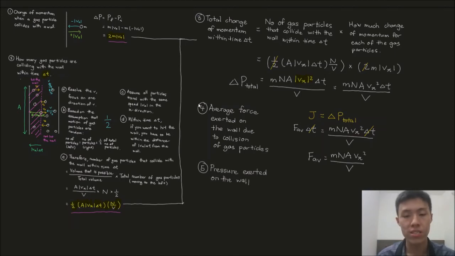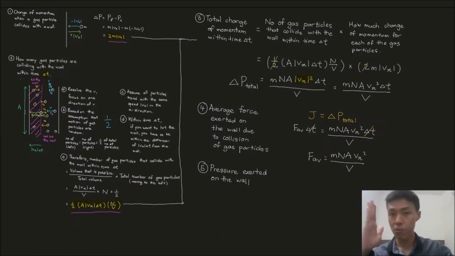So how do we find this pressure exerted on the wall? Again, it's perpendicular force per unit area, and since all these particles, we assume they are moving in the left direction only, the collision will be perpendicular to the wall. So the force exerted will also be perpendicular to the wall.